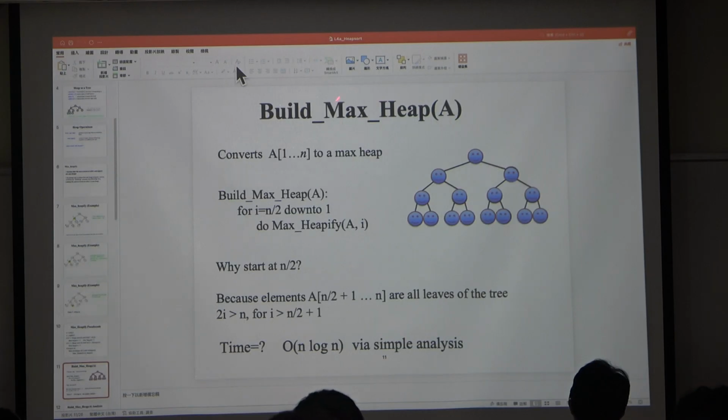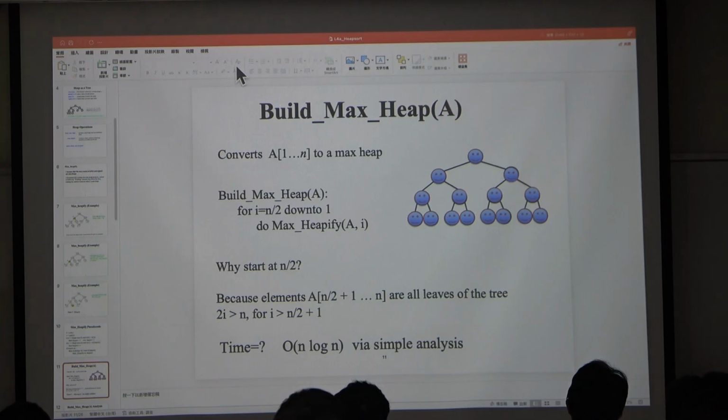How about build max heap? In build max heap, we are given an unsorted array, so no node is assumed to satisfy the heap property in this binary tree. So what do we do?